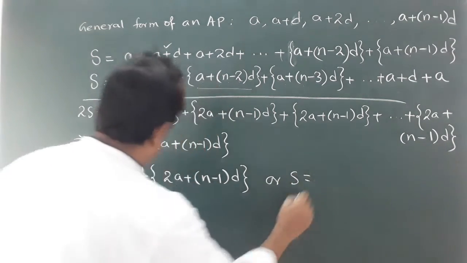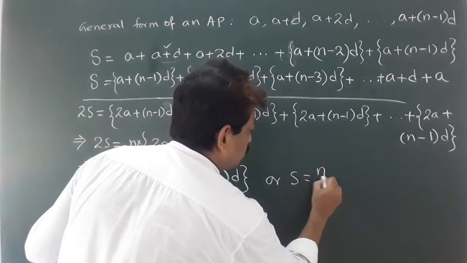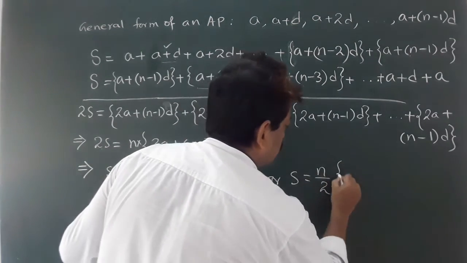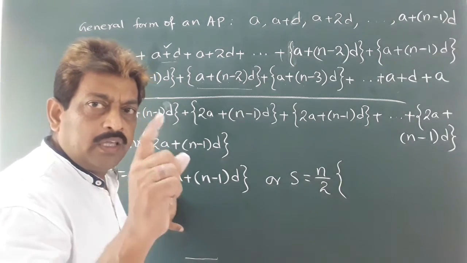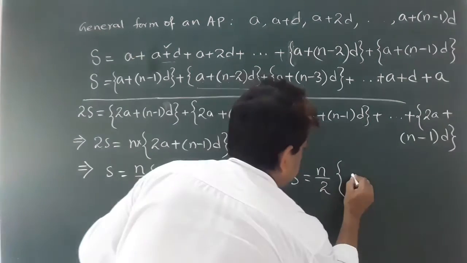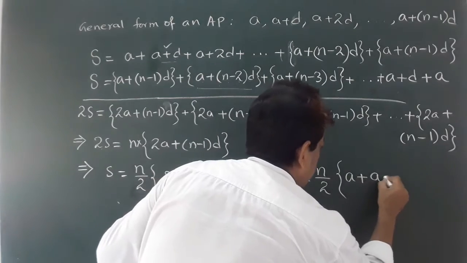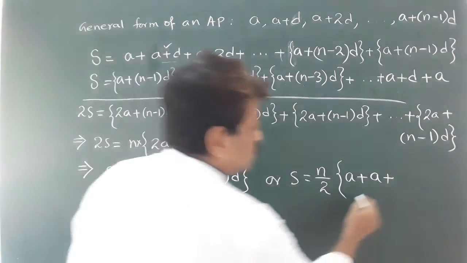Now check it. This S equals n by 2. 2a can be broken into a plus a. So it is a plus, a plus (n minus 1)d.